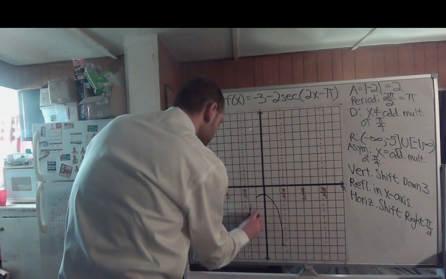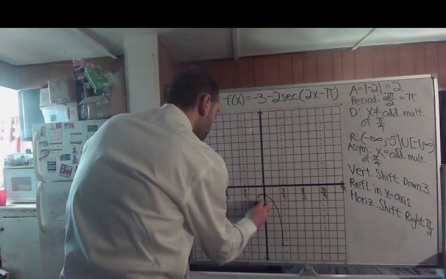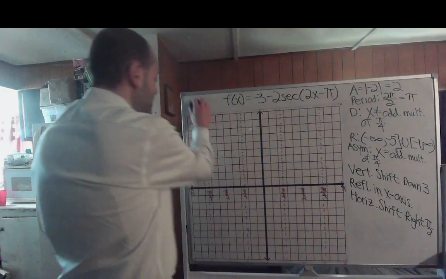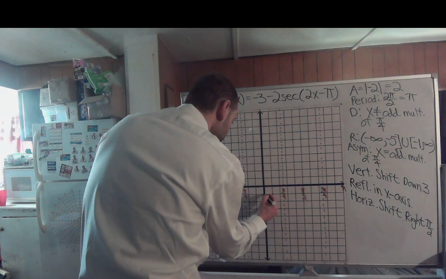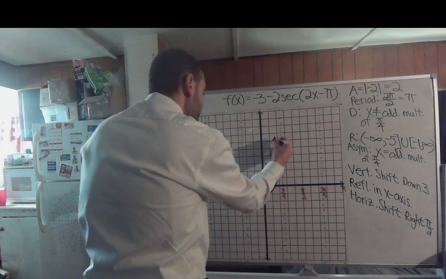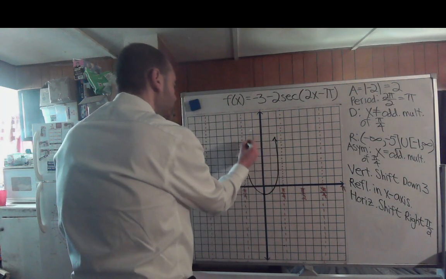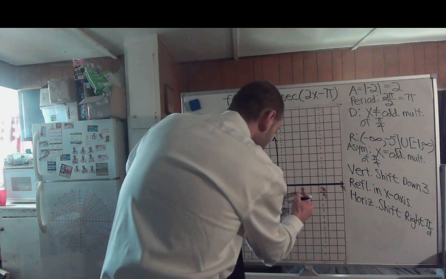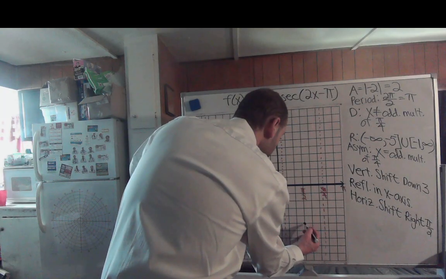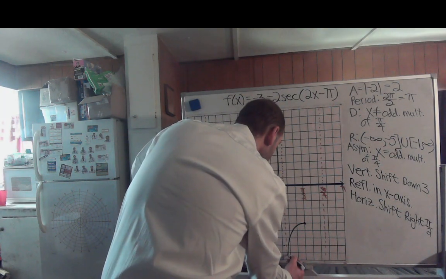No, actually, it's not like that. I went the wrong way. I had a brain fart. You're going to be going up here at negative 1. And then you'll be down to negative 5 here at pi over 2.